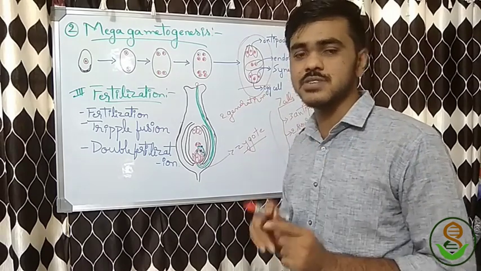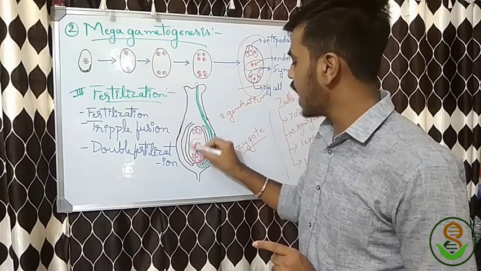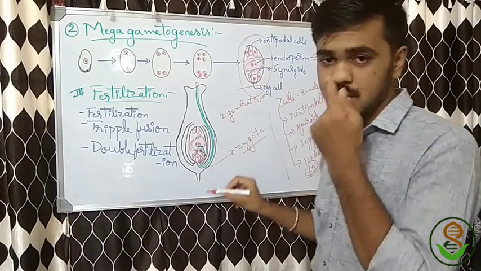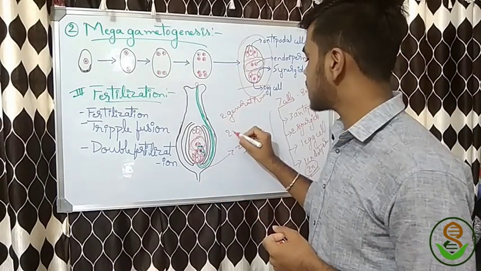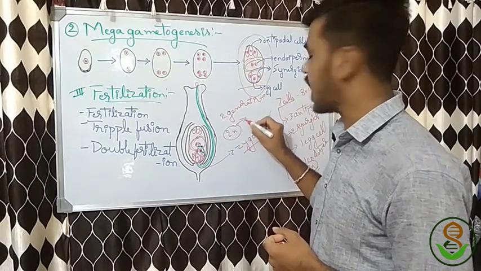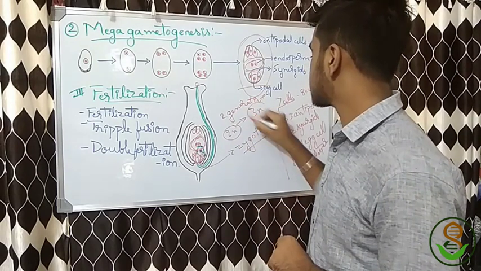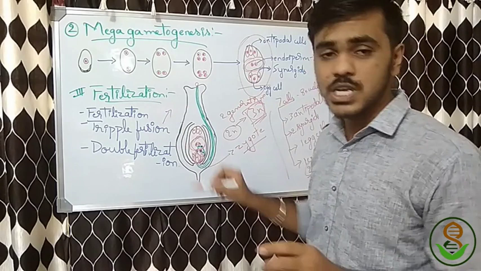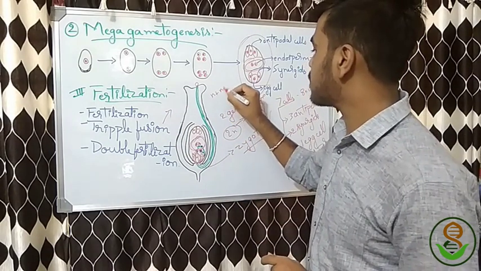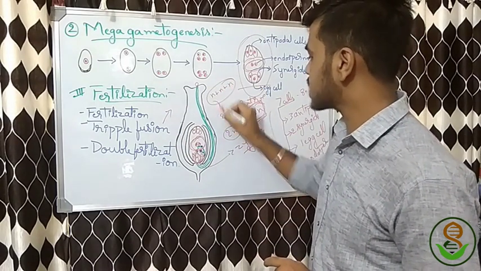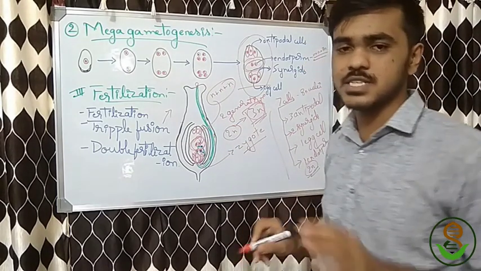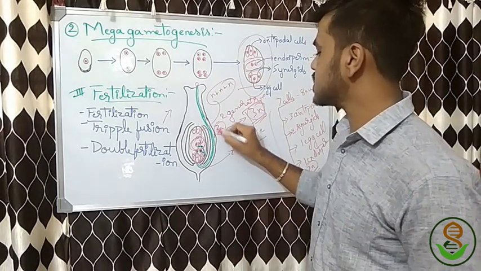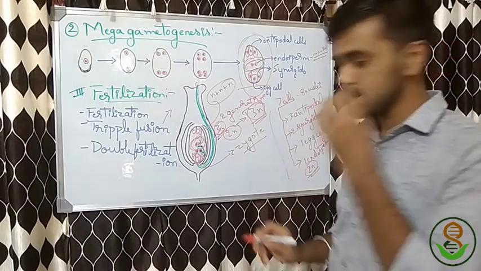There is another generative cell that will move and fuse with the endosperm cell, and the 2n stage, that is the secondary nucleus stage it has, will convert into the 3n stage, that is triple fusion. Usually the n plus n stage will take place during this fertilization process. Finally, the endosperm has the 3n stage.